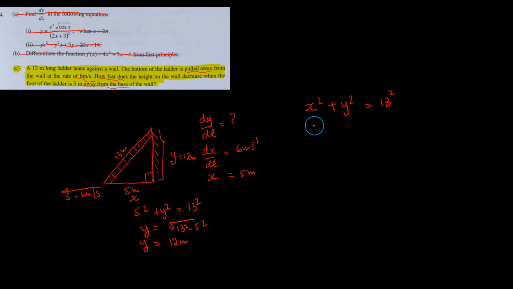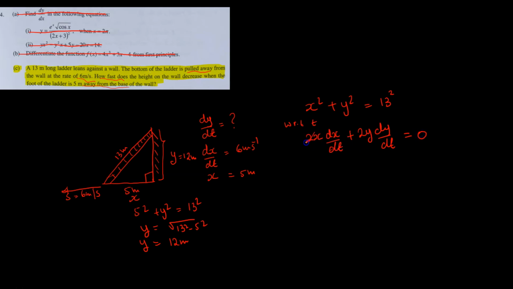And if we differentiate with respect to t, okay, so what do we have? We're going to use implicit differentiation here. Okay, so we have 2x and then we have dx dt plus 2y dy dt, and that's going to be equal to differentiation of a constant, which is 0.